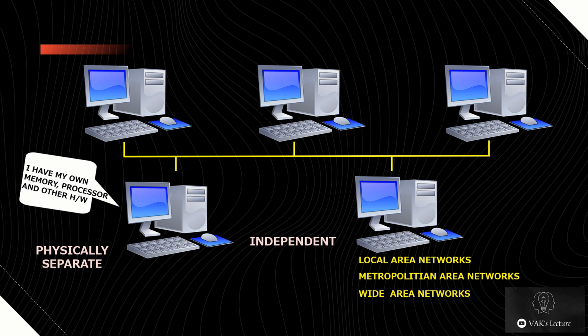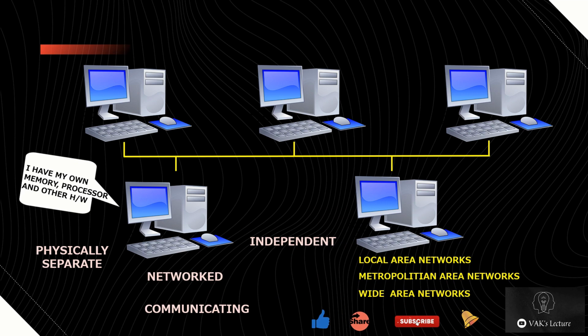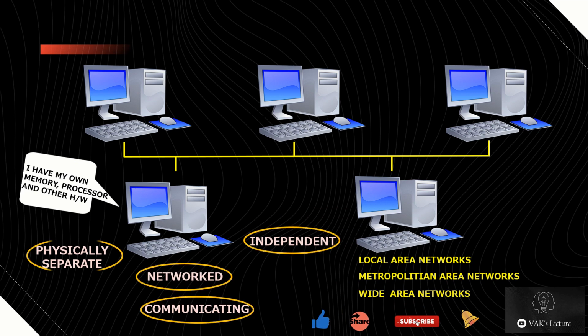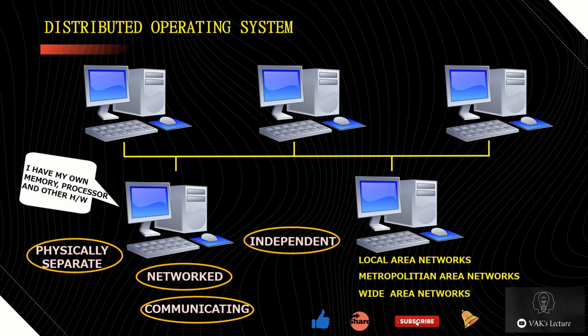And they can communicate with each other as they all are connected by the network. So, the distributed operating system is a software over a collection of independent, networked, communicating, and physically separate computational nodes. So, this operating system is distributed over all these computational nodes but not present over a single node.